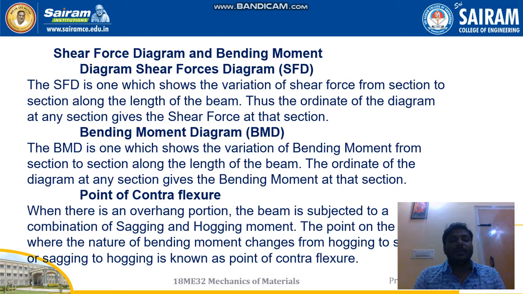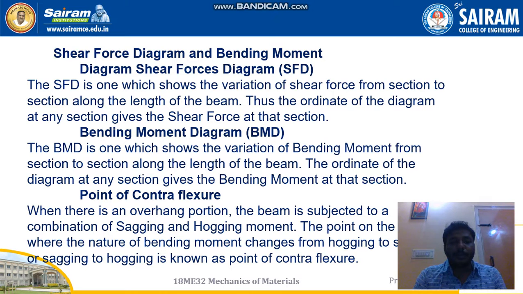Next is the point of contraflexure. When there is an overhanging portion, the beam is subjected to a combination of sagging and hogging moment. The point on the bending moment diagram where the nature of the bending moment changes from hogging to sagging, or from sagging to hogging, is known as a point of contraflexure. In simple words, it is the point where the sign changes from positive to negative, or from negative to positive.